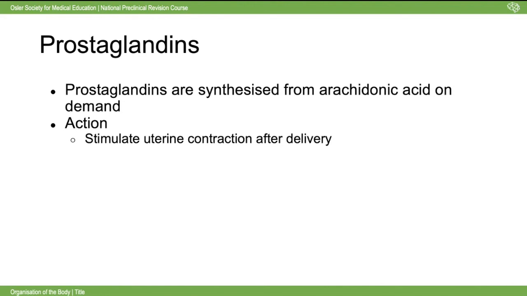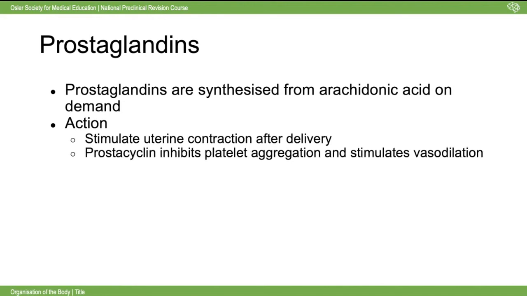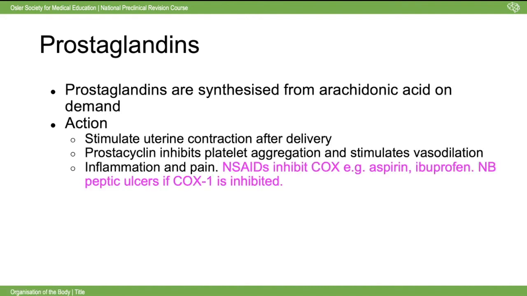They can stimulate uterine contraction after delivery. Prostacyclin, which is one of the prostaglandins, inhibits platelet aggregation and stimulates vasodilation. And then the action that you absolutely need to know about is that prostaglandins mediate pain and inflammation.